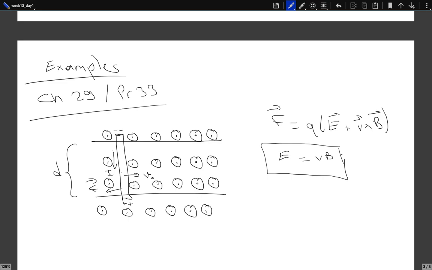The negative charges will feel an electric force which is downward and a magnetic force which is upward. The magnetic force is constant because it depends on the charge and the speed. If the speed v is constant, and B is constant, but E keeps on changing as the charges accumulate at the top and at the bottom, they will keep accumulating until the electric field magnitude is equal to vB.